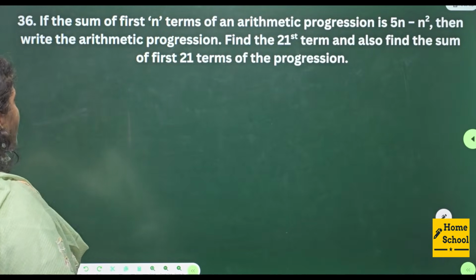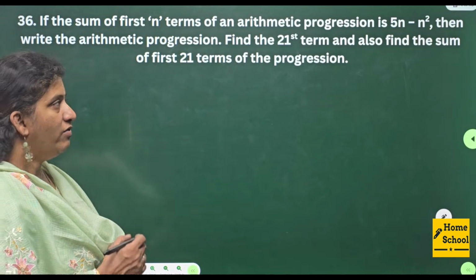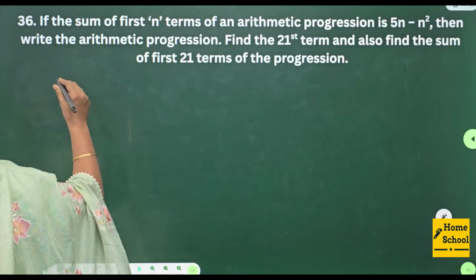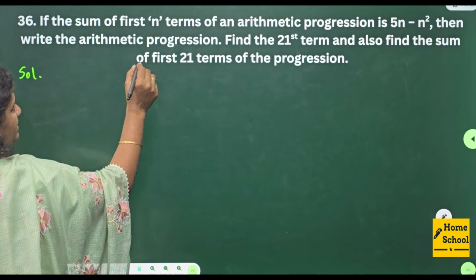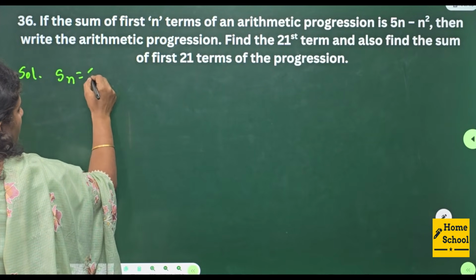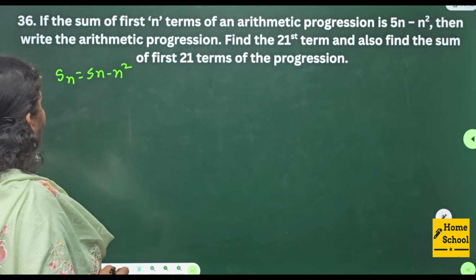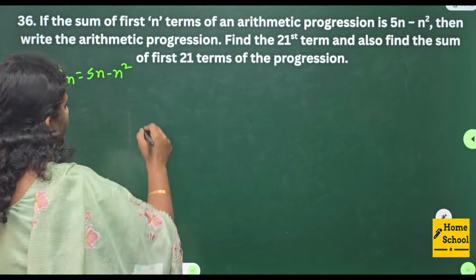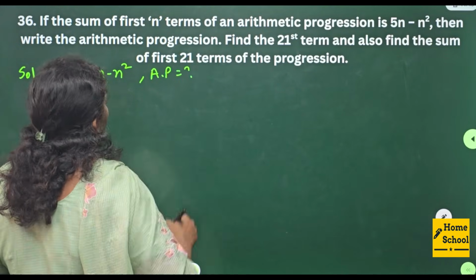36th problem. If the sum of first n terms of an arithmetic progression is 5n minus n square. So what is given? Sum of first n terms means Sn is equal to 5n minus n square. Then write the arithmetic progression, AP is equal to question mark.